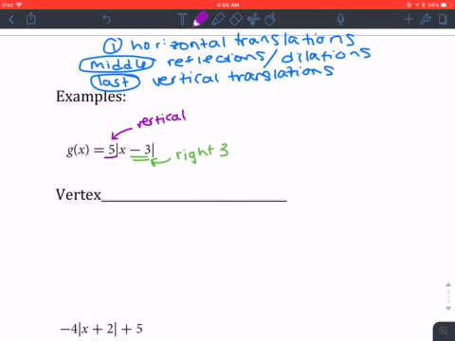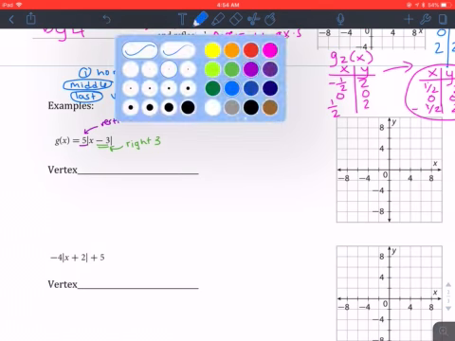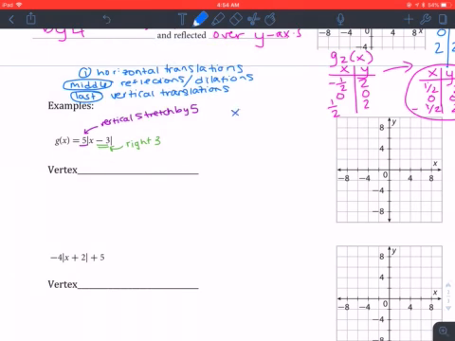And then it's being multiplied, it's a number, the absolute value of 5 is greater than 1, so it's a stretch. Vertical stretch by 5. So multiply my y values by 5. Okay, with the parent function, I'm going to use the points -1, 1, 0, 0, and 1, 1.